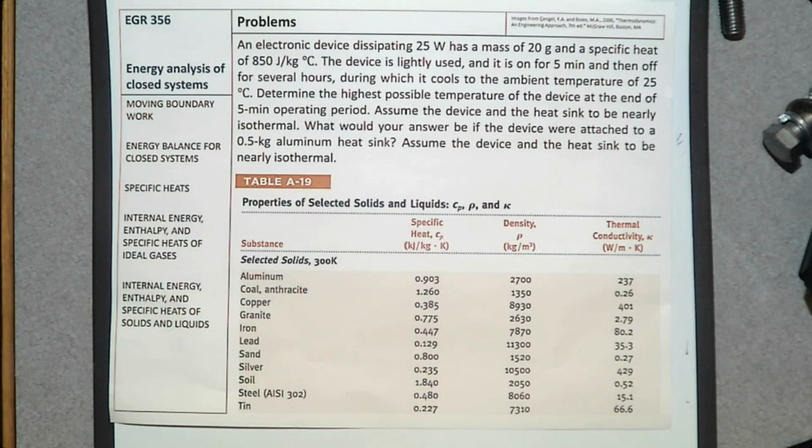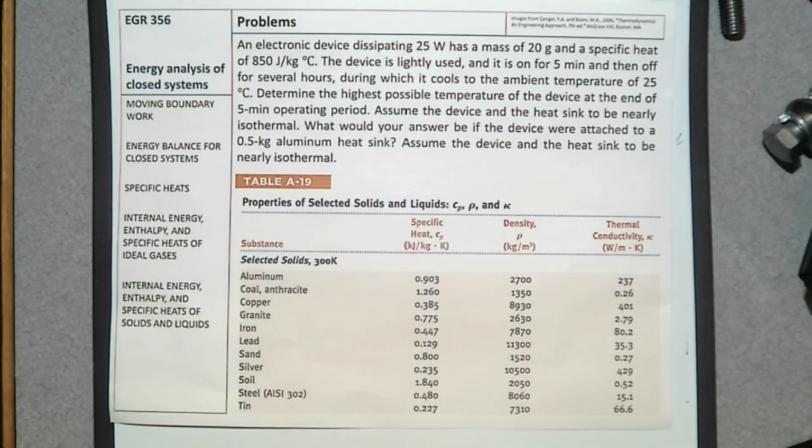So the initial temperature is 25 degrees Celsius. It's going to be turned on for 5 minutes. Determine the highest possible temperature of the device at the end of 5-minute operating period.